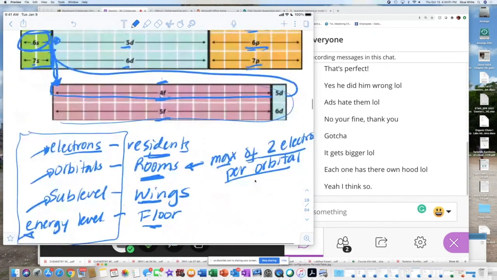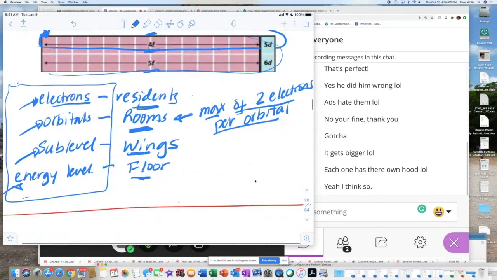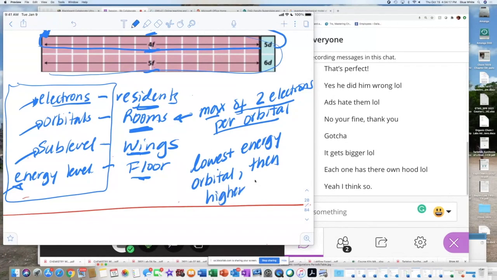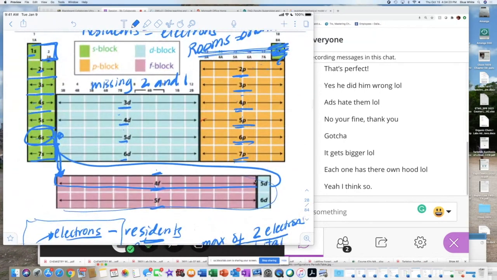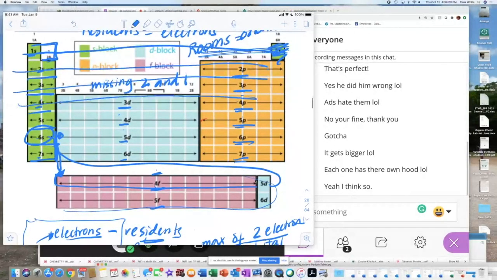When we are filling the electrons in here, another scientist called Aufbau said, start with the lowest energy orbital first, then go to the higher energy. In other words, as you're placing the residents in the rooms, start from left to right, then go from left to right, from left to right.